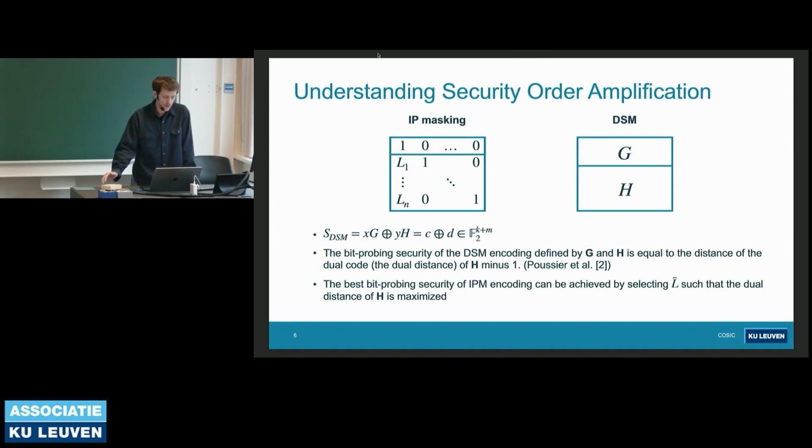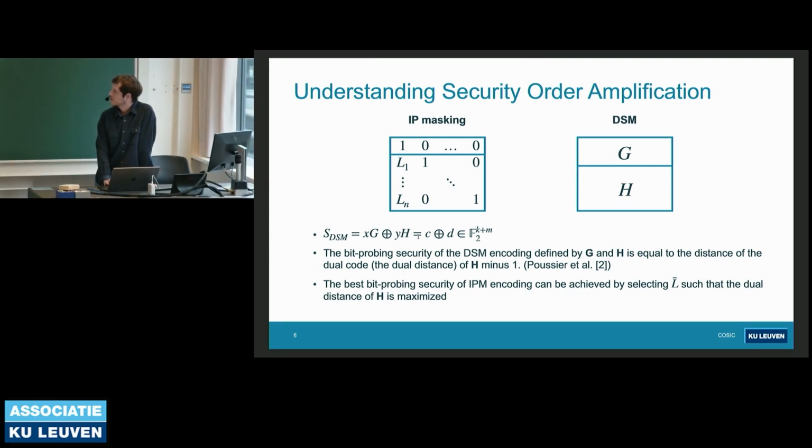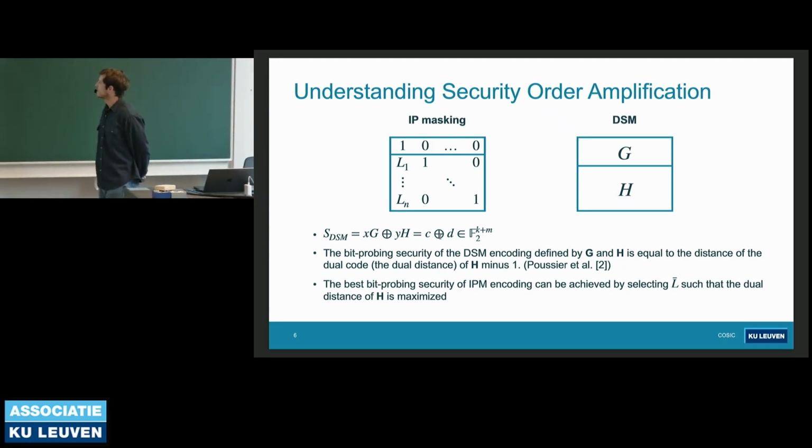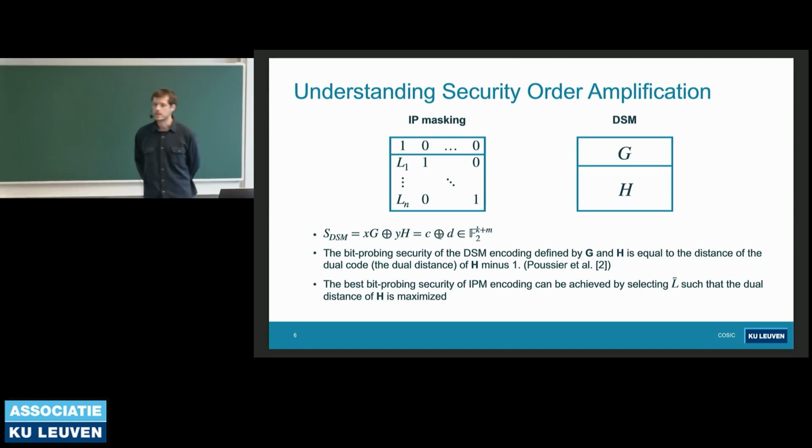You have a shared vector X and a shared vector Y. Then you have some predefined generator matrices, G and H, and you do the multiplication of X times G and Y times H. Now you get codewords, C and D, that you sum together. It was observed that the bit probing security of this masking type, because now you are on the binary level, is related to the dual distance of this matrix H.